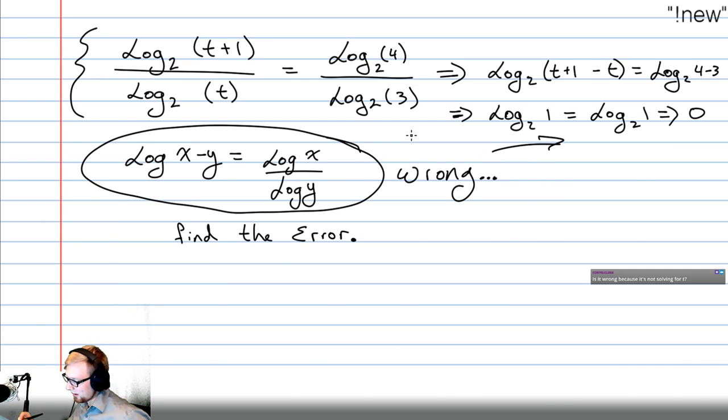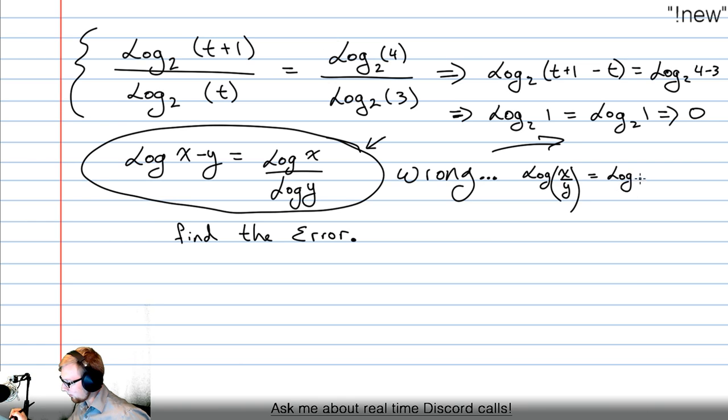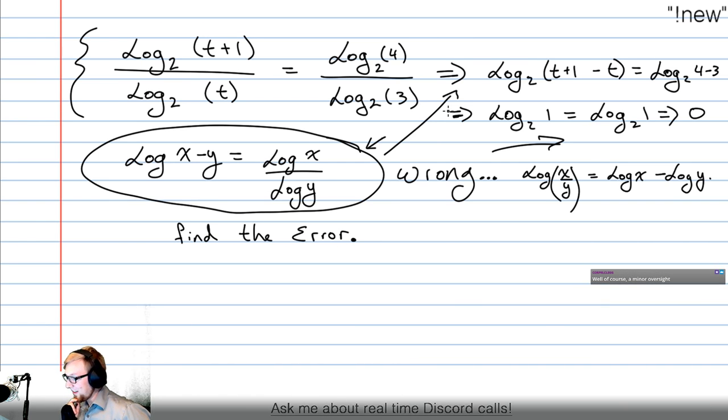The error is the fact that this simplification is wrong. It's supposed to be log of x over y is equal to log of x minus log of y. So this whole simplification to here is wrong. A minor oversight. Yes.